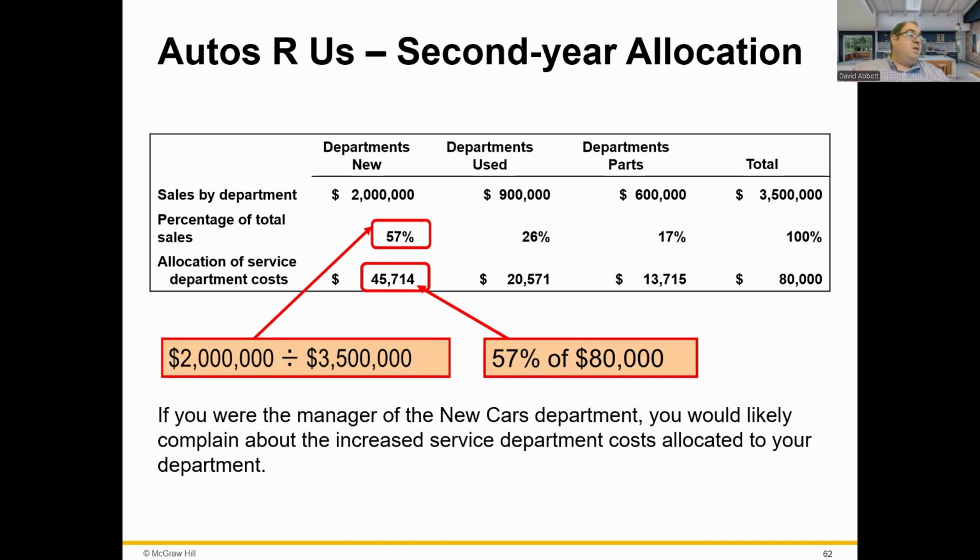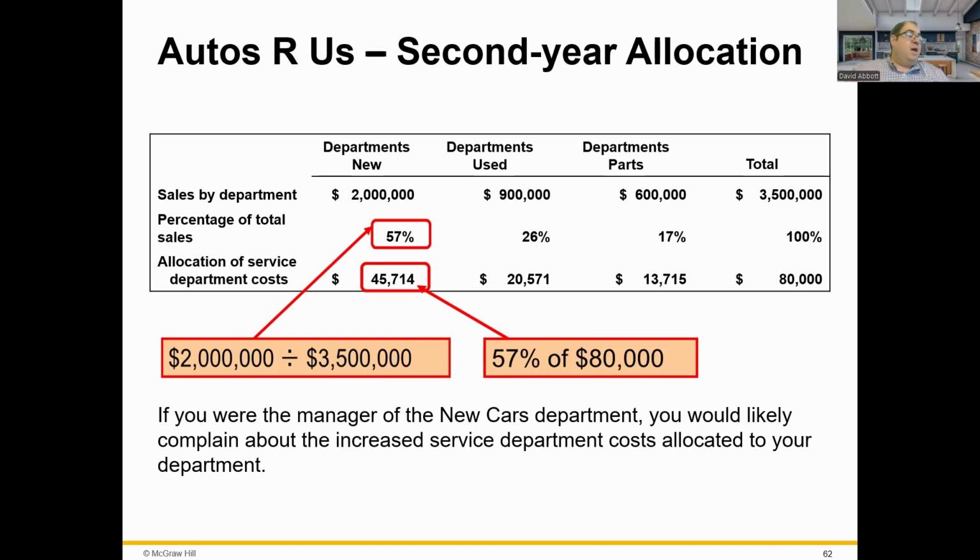Notice that the new cars department increased sales by 500,000, from 1.5 million to 2 million, while the other departments remained unchanged. The allocation of service department costs to the new cars department increased by 5,714, from 40,000 to 45,714, while it decreased for the other two departments.